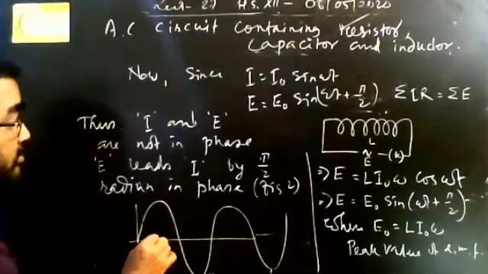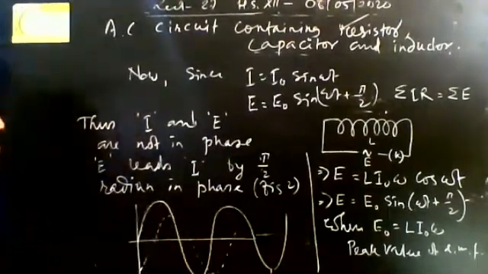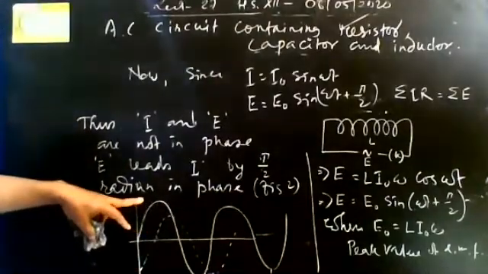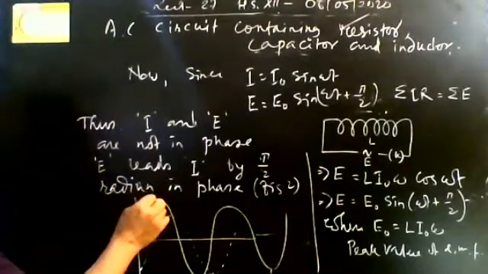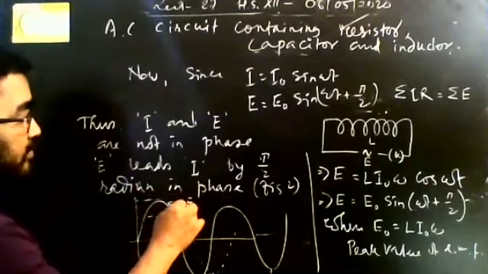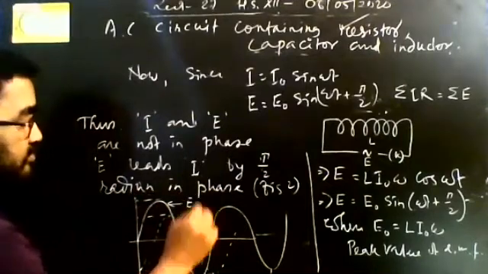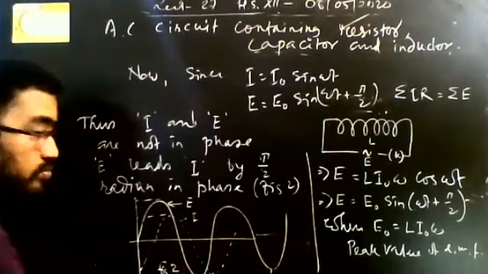So slowly it will lead this. Because the peak value of current is always less than the EMF. This gives EMF and the dotted line gives current. This is figure 2, right?